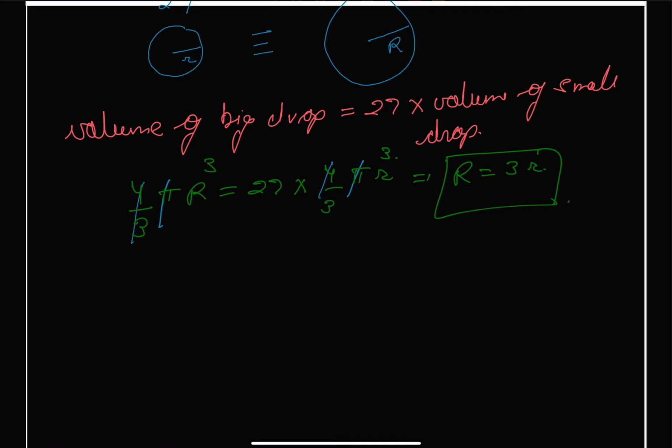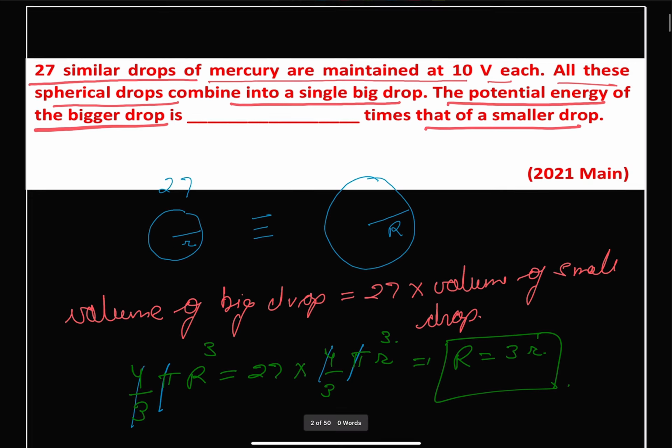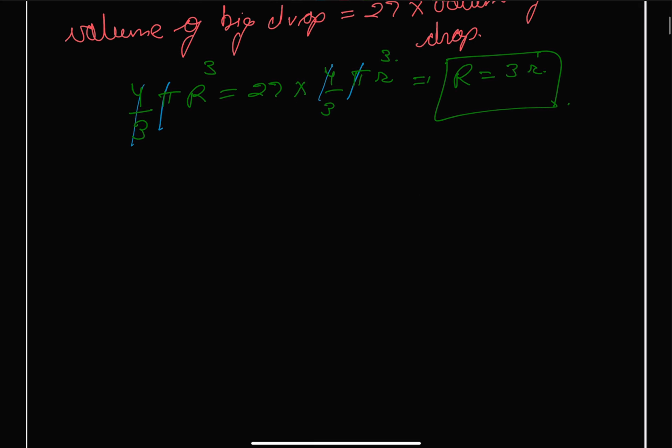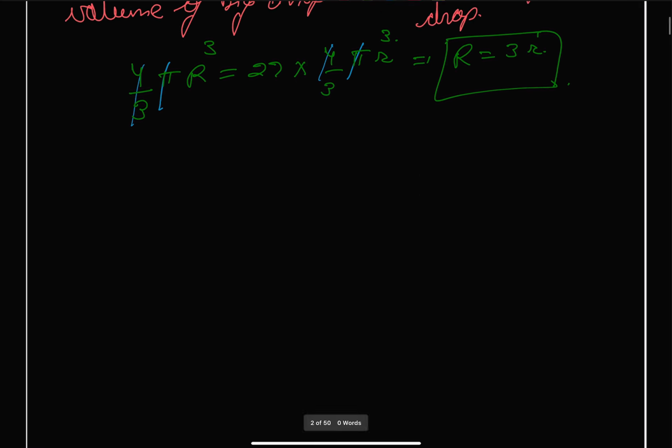And we are interested in finding the potential energy, with potential given as 10 volt, so let us deal with that. We already know the formula for the potential energy of a spherical conductor.